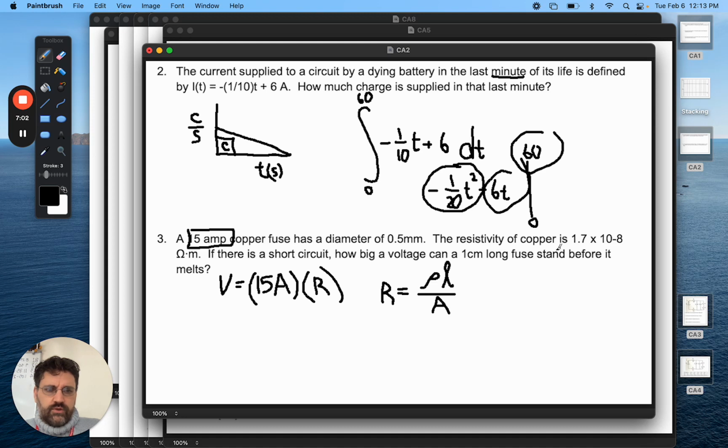So rho is 1.7 times 10 to the minus 8th. Length is 0.01 meters. And then A, of course, is pi r squared. You just have to remember that I gave you diameter, so you have to divide it by 2. Also, it's in millimeters, so you have to divide that by 1,000. That might be where you went wrong if you went wrong.